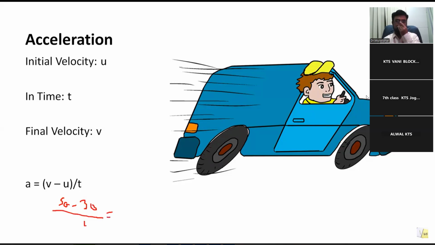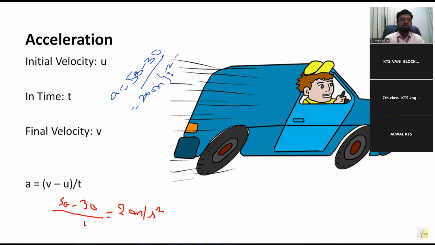That is 20 meter per second square. So this is the acceleration. Acceleration a is equal to the rate of change of velocity: final velocity 50 minus initial velocity 30 meter per second, divided by the time t.